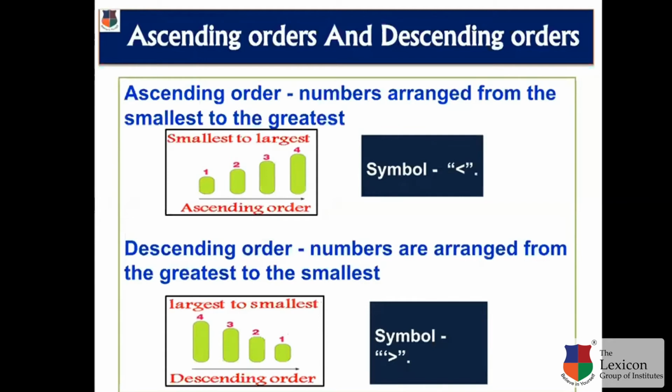So in descending order, the bigger number will come first, that is 4, then 3, then 2, then 1. So basically, ascending order means arranging the numbers from smallest to greatest, and descending order means arranging the numbers from greatest to smallest.